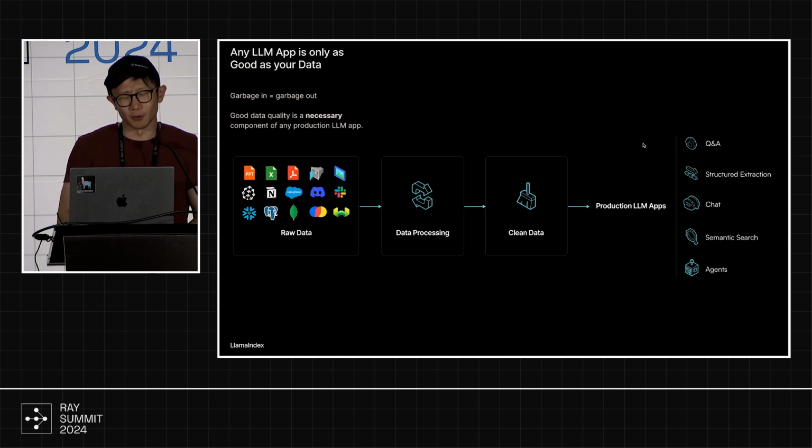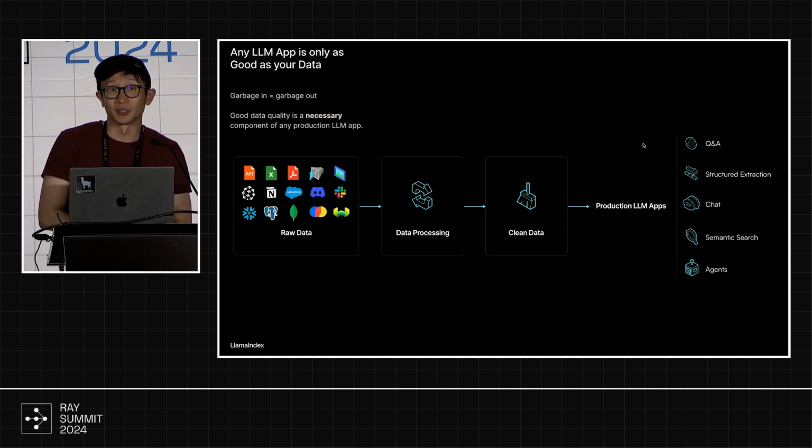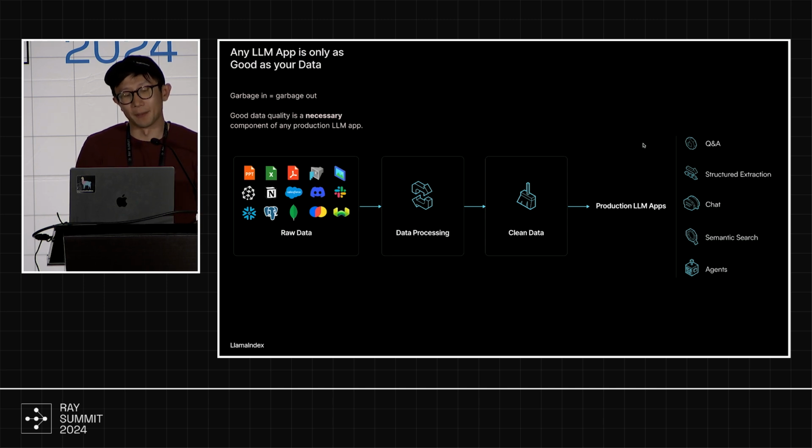First, on high quality data and retrieval. This is basically how we started as a company, and we've talked about this in every single talk, with iterations with each talk. But basically, data is one of the fundamental pieces of a properly functioning LLM application. If you don't have good data quality, you're not going to have a good LLM application.